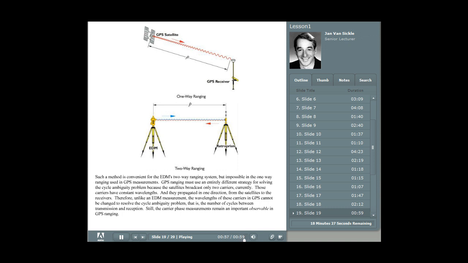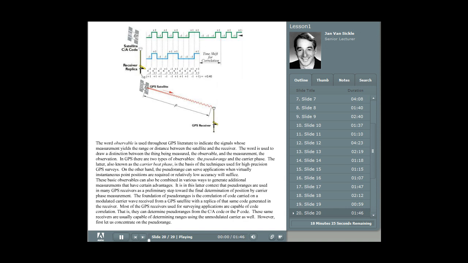But this leads to a discussion of the observables in GPS. There are 2 observables that are of interest right at the moment. One is the code that we've talked about that is modulated onto the carrier. That is an observable.